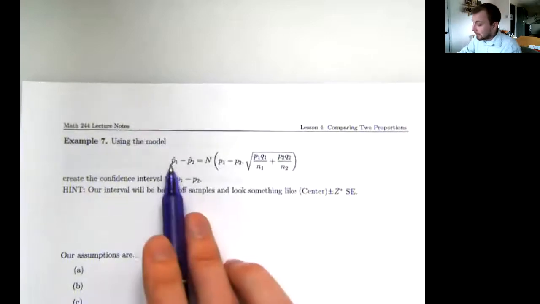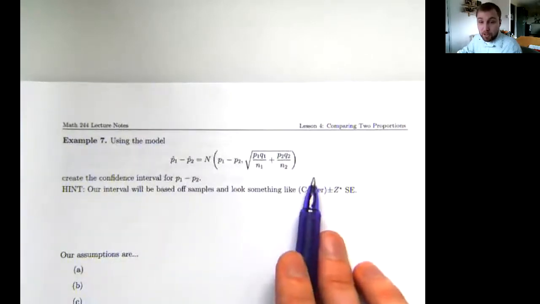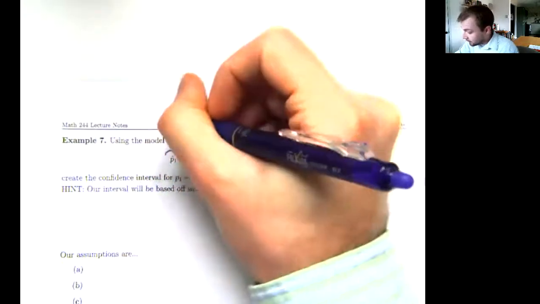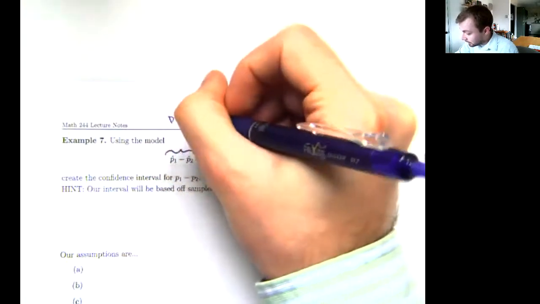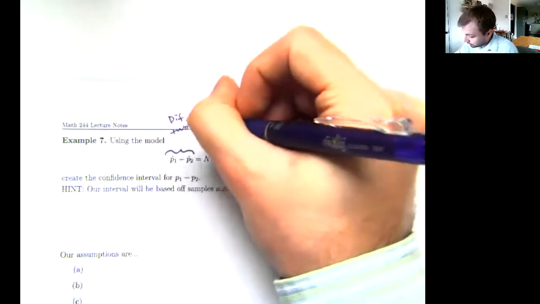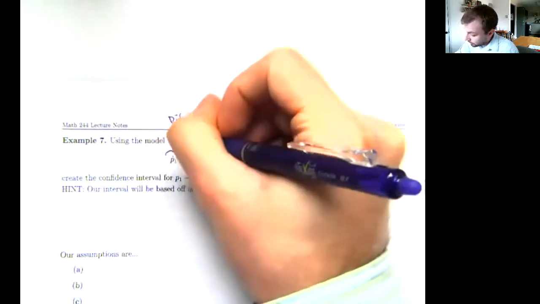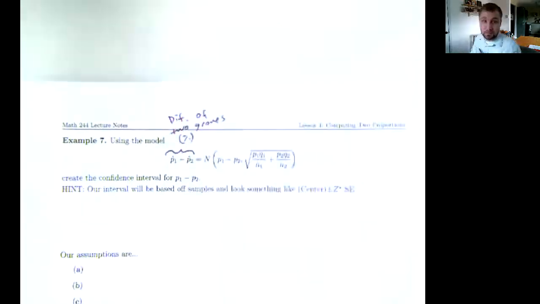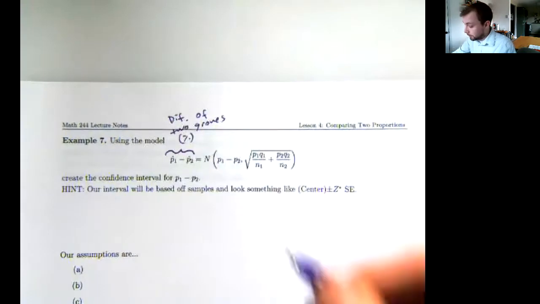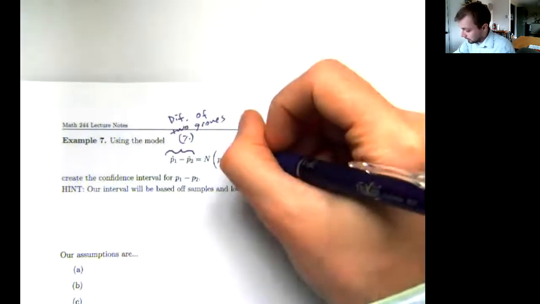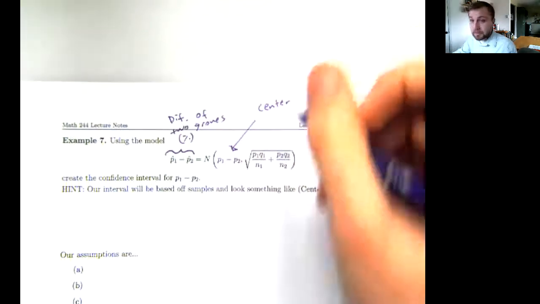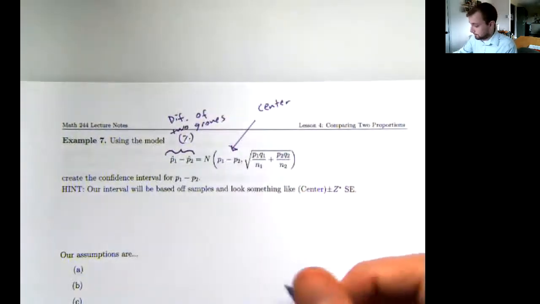So let me print it all nicely so you can see it. This is my model. I'm just going to label things again. This tells me that I'm going to be looking at the difference of two groups, and I'm going to be comparing the percentages. So maybe Rotten Tomatoes scores for two different movies, two different percentages. This is my center, and it's really the difference of my two centers.